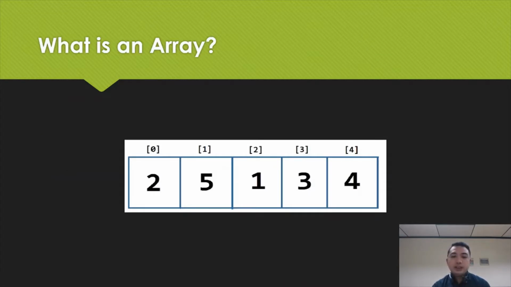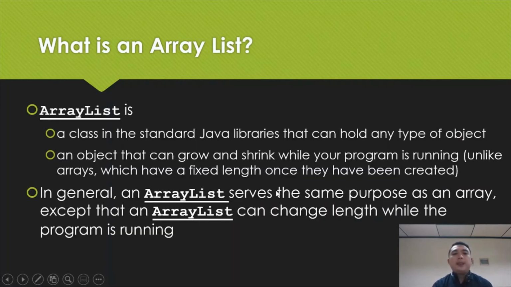So this is another example of an array wherein it has values or elements, and each element is represented by an index. We will proceed now with an abstract data type in data structures, and it is also used in Java. This is called ArrayList.